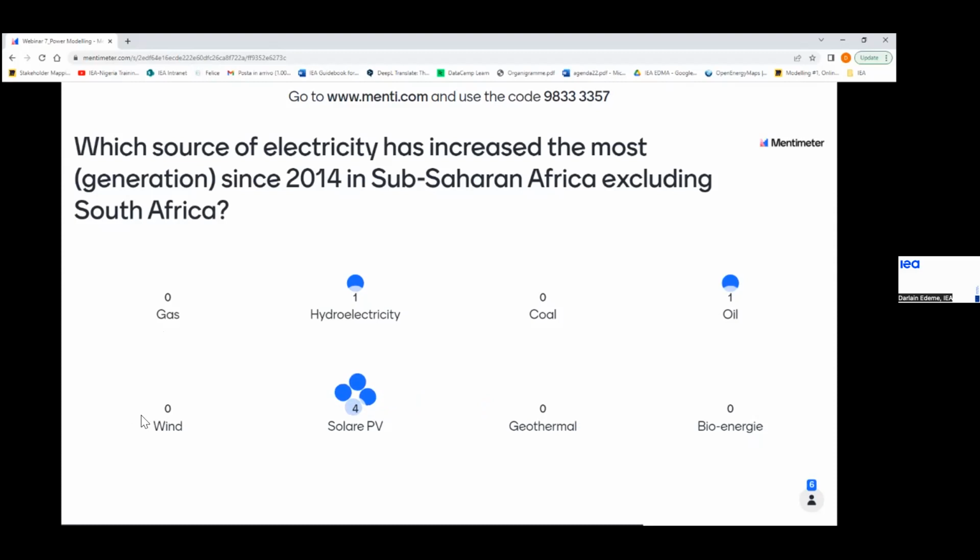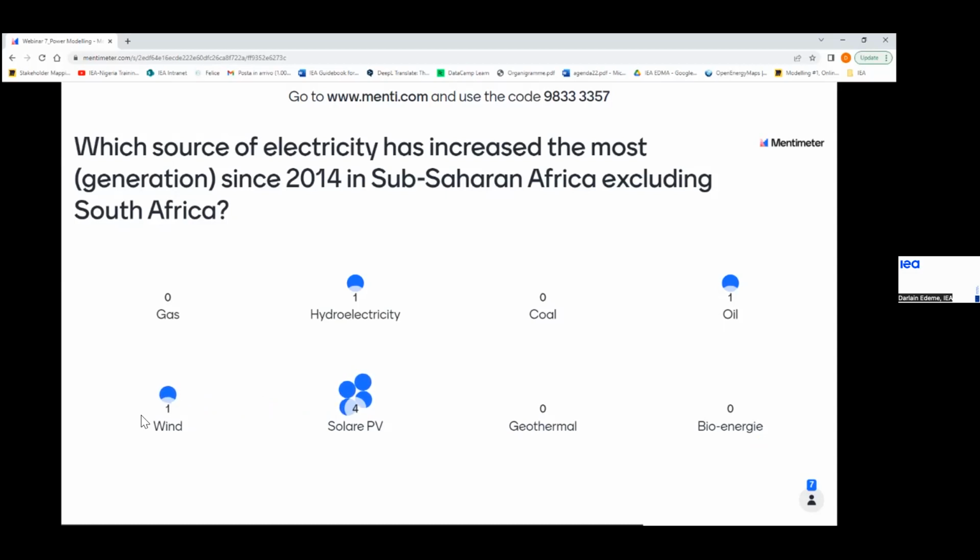Okay, the correct answer actually is wind, followed by solar PV. But just because, as I introduced, here we are talking about a percentage increase. Clearly the starting values of both these renewable energy-based sources, wind and solar PV, were low.